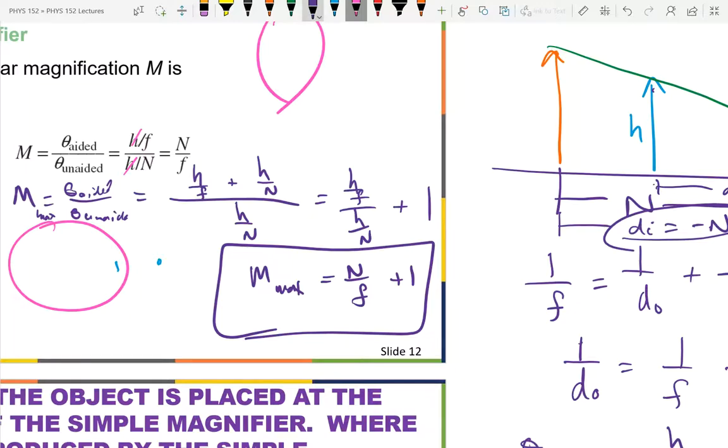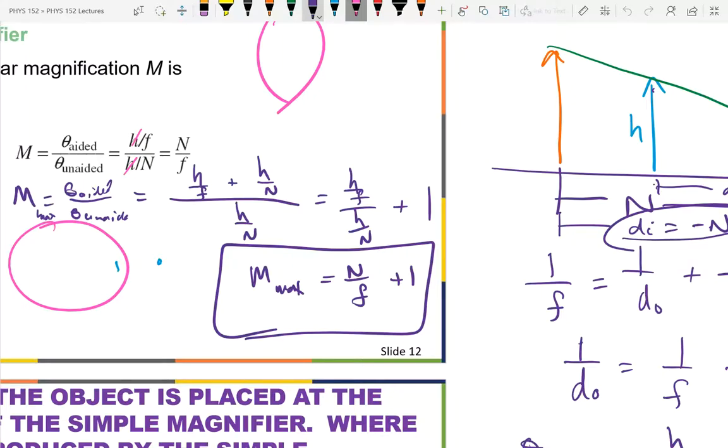But is it worth it for the eye strain? Most people say no. So that's why we generally do the calculation for the object at infinity. You can easily get an eyepiece that gives you 10 times magnification. That would only be a 10% improvement if you were using the most strain on your eye possible.